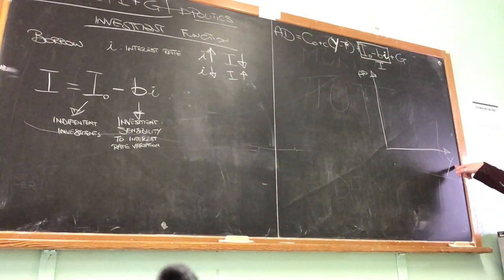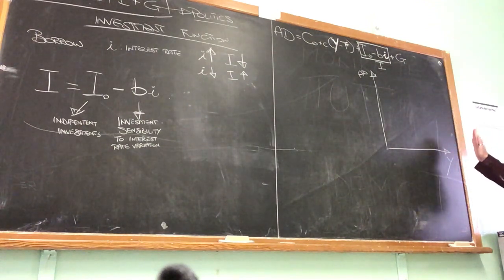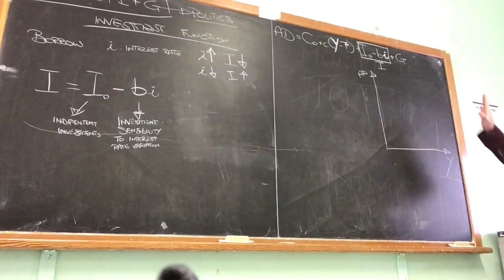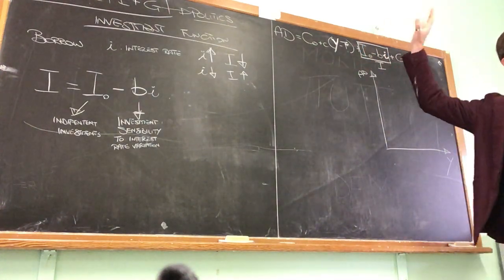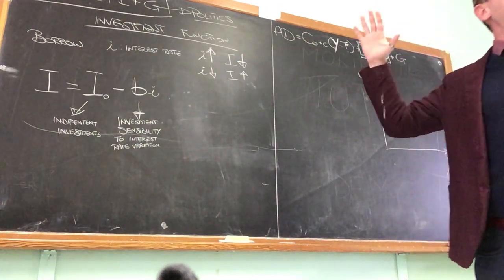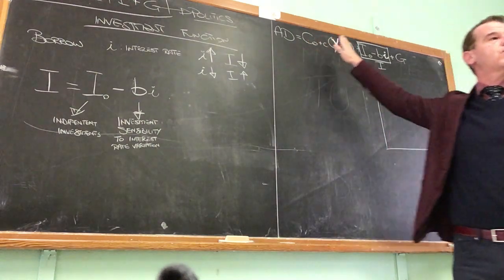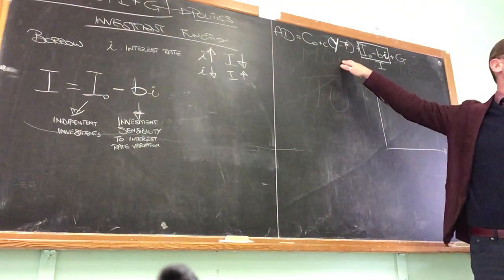We know that in here we have Y, aggregate demand and income. So the aggregate demand function, which is the equilibrium in the real market, tells us how the aggregate demand varies due to a variation of the income.